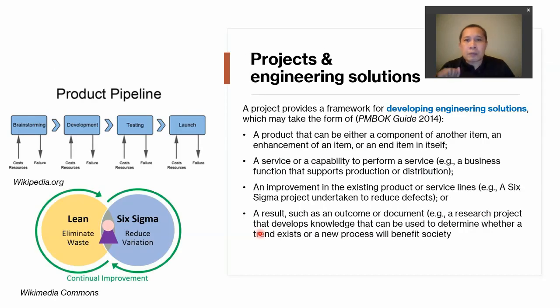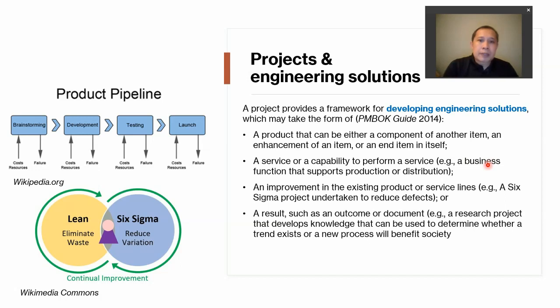All right, now projects and engineering solutions. A project provides a framework to develop engineering solutions, and these solutions may take the form of the following. It can be a product. It can be a service or a capability to perform such a service, for example, a project may build a business function that supports production or distribution.